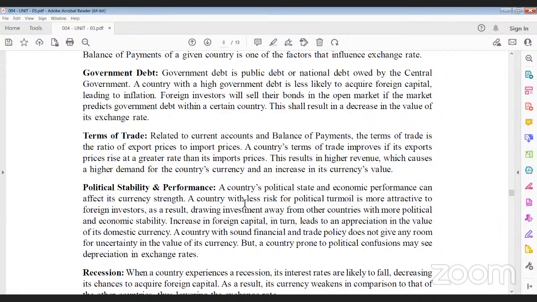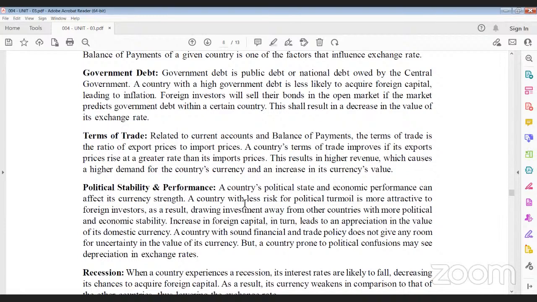When there is minimum foreign capital being attracted, then definitely inflation will emerge, and this state leads to inflation. Foreign investors will sell their bonds in the open market because the government is in debt, and this shall result in a further decrease in the value of the exchange rate.